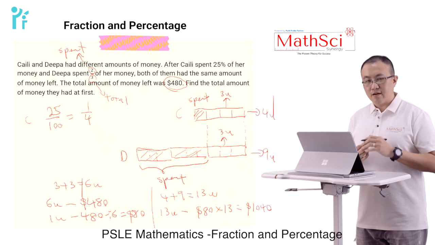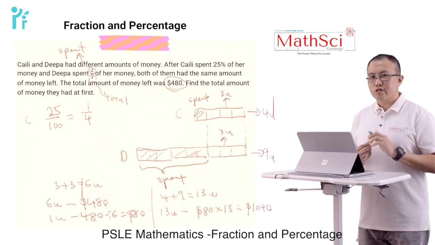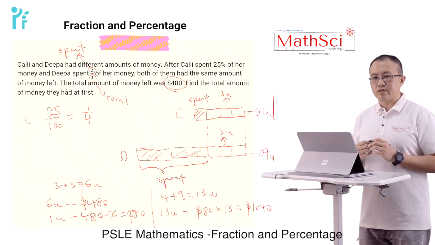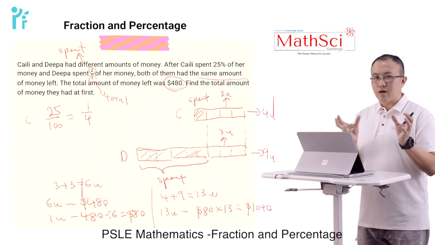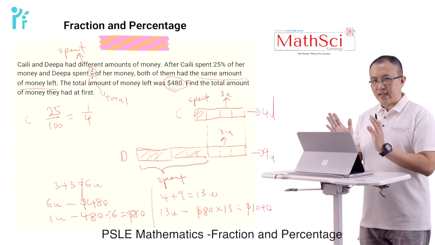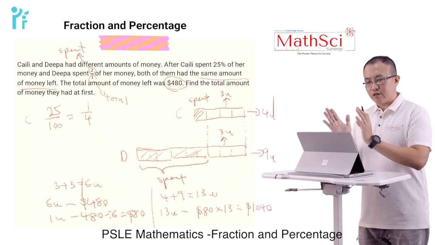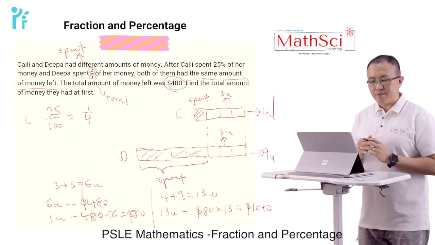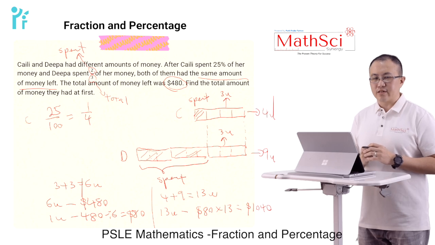And of course, last but not least, remember that in your model drawing, please try to change all the units to the same size as best as possible. Use words such as same amount left to make comparisons. So make sure that the lengths are aligned. That's why you don't necessarily have to start at the same point. But in this case, I use the back part of the model diagram to align them. And then using that, we cut the units into ones that let us find the quantity.